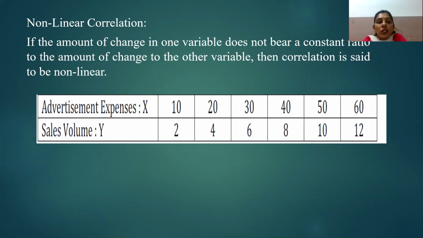If such variables are plotted on a graph, the points would fall on a curve. All the points which we draw on a graph for both variables x and y will fall on a curve, and they are not in a straight line.